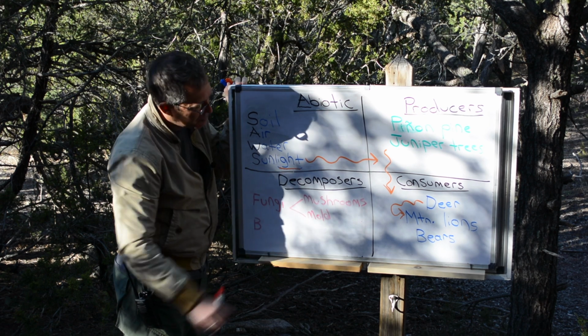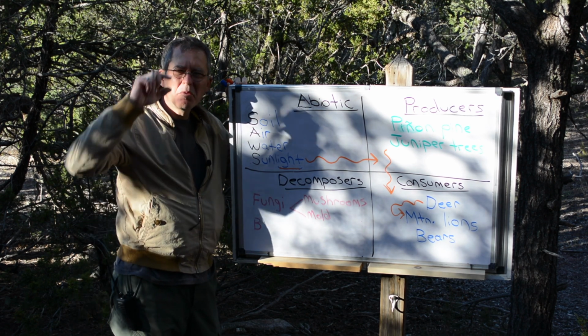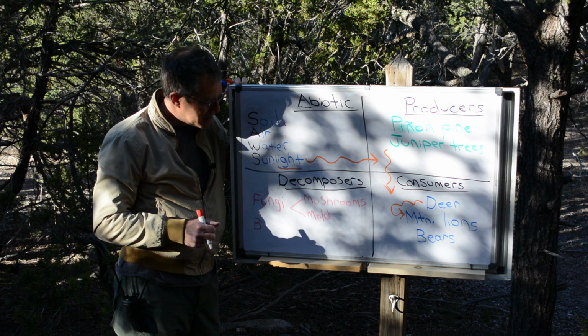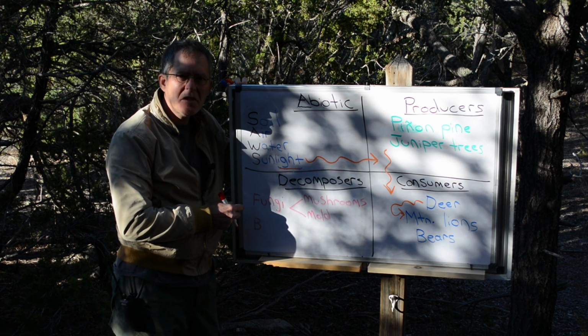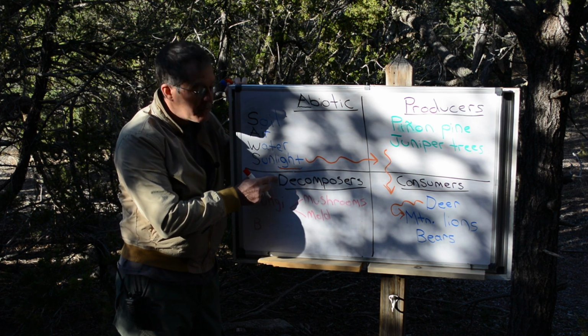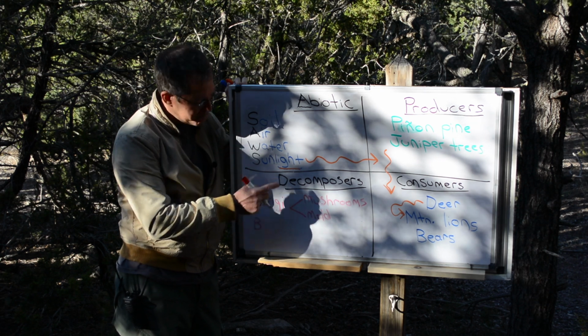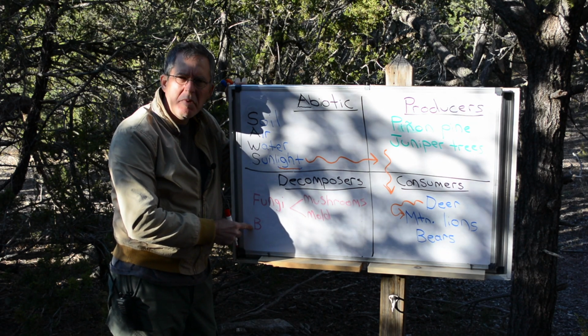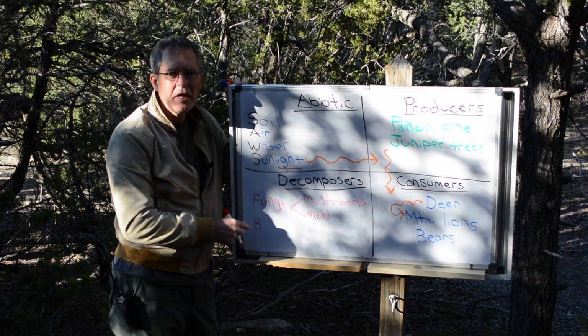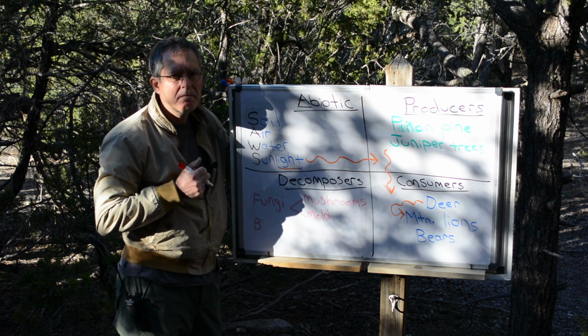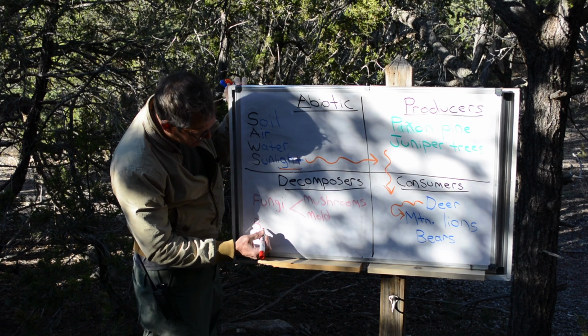Mold on old food. Mold on old beans, old bread, that kind of thing. So what's happening to that stuff? It's getting decomposed. These guys, the ones that start with a B, we can't see them usually unless we have microscopes. Yeah, bacteria.